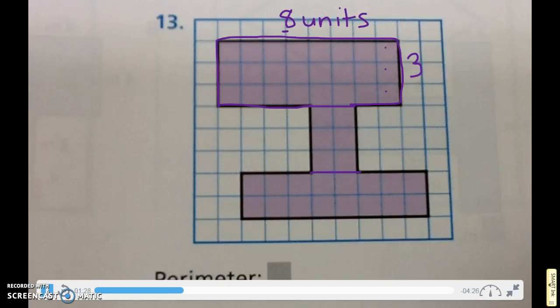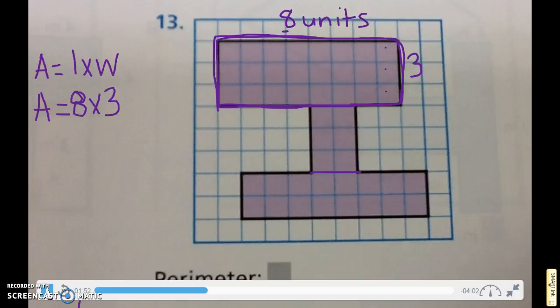And remember, the formula to find the area is length times width. So the area of this part of my rectangle would be 8 times 3, so 24 would be my area.